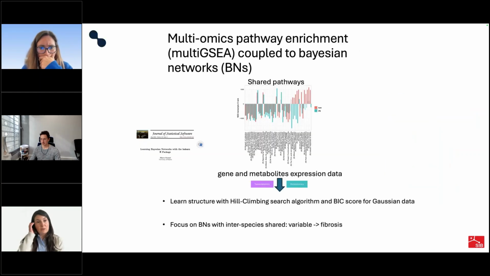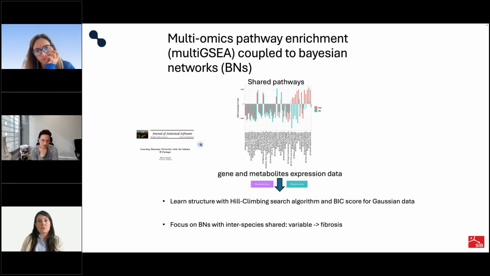We use bnlearn, an R package, to learn the structure of gene and metabolite expression data. We learn the structure with the hill climbing search algorithm and the Bayesian information criterion score for Gaussian data. And we focus on those components which have causal relationships involving fibrosis that are shared between the species.